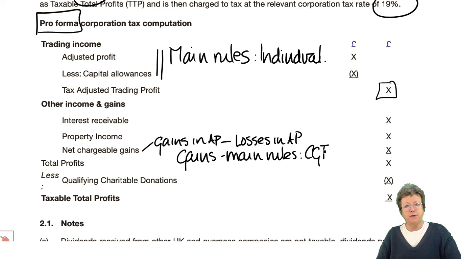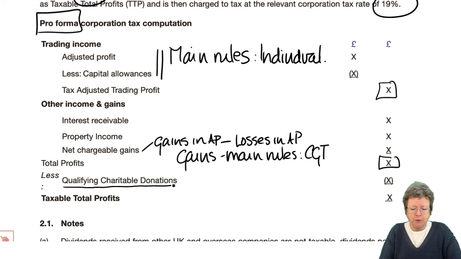Slightly different in some areas, but we're going to deal with those again as we go through these corporation tax chapters. But the main rules are very similar. All of them are added together for total profits. Then we take off qualifying charitable donations. You'll hear me call them QCDs. They're deducted and that gives us our TTP.